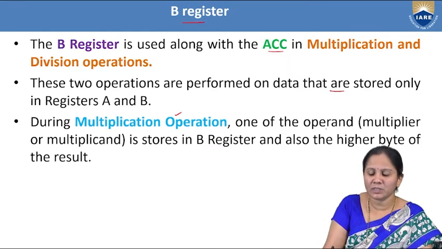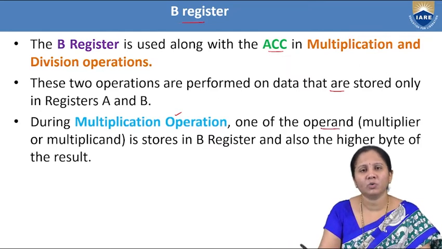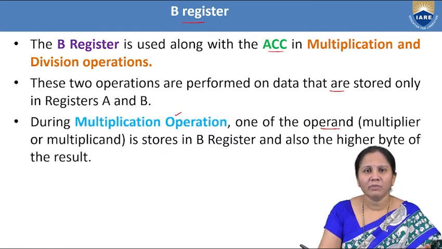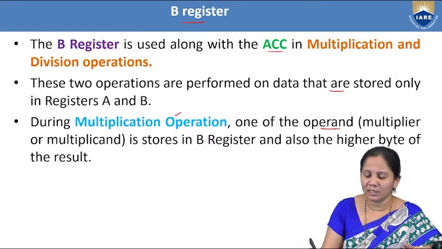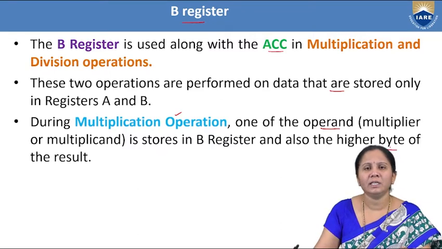One operand can be stored in the A register, and another operand in the B register. After performing the multiplication, we get the result. In that result, the lower byte will be stored in A, whereas the higher byte of the result will be stored in the B register.